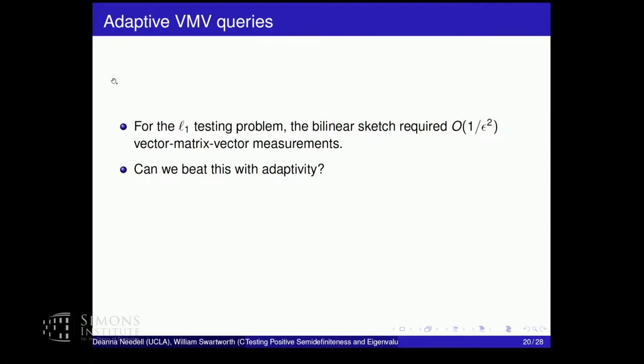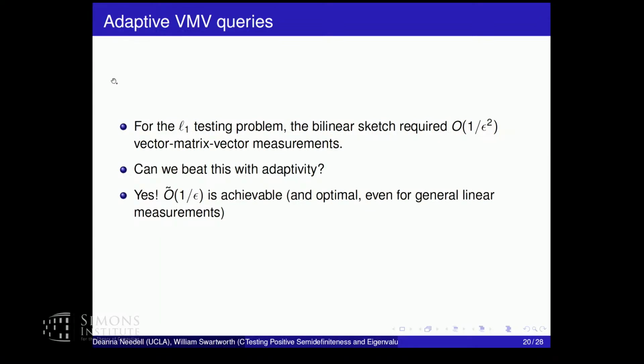I said it was tight if it's non-adaptive. And in fact, you can get 1 over epsilon measurements with adaptivity. And to me, it's kind of surprising because I haven't seen algorithms of the form of vector-matrix-vector queries that exploit adaptivity. Usually it's like these Krylov methods, matrix times vector, and so on.